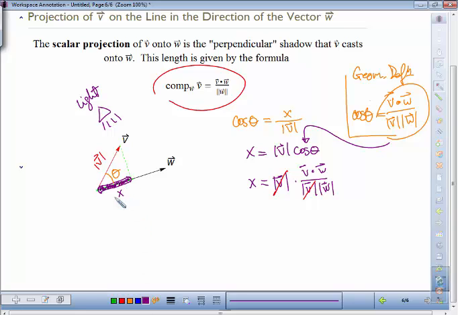Not just this length, but the actual vector. So that part, if I'm looking for this vector, this is going to be the vector projection.